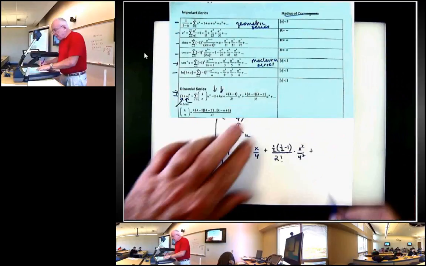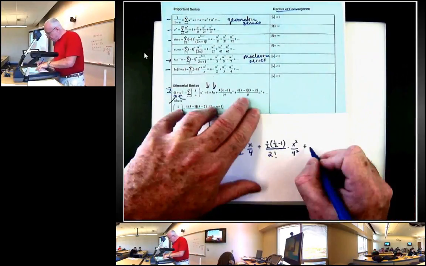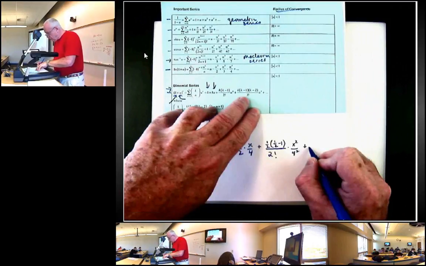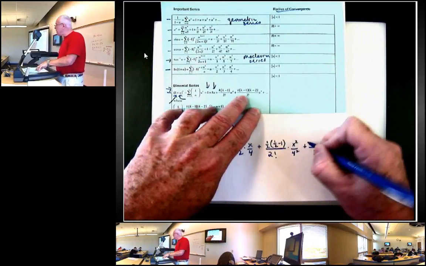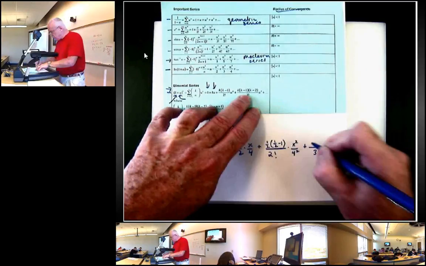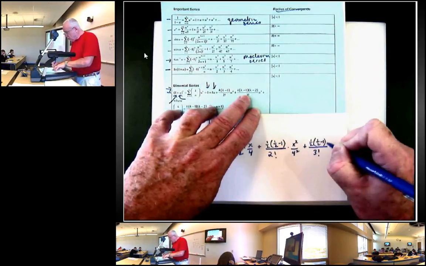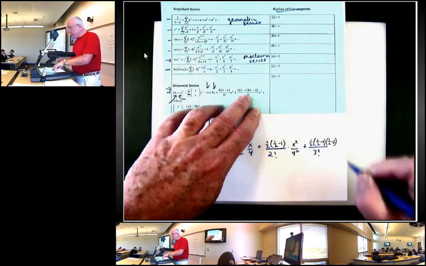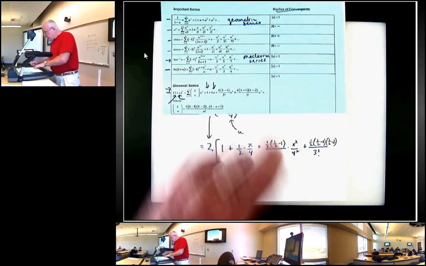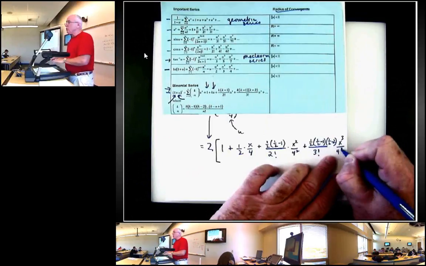Plus, and then the next one is going to be 3 factorial on the bottom. And now we have k times k minus 1 times k minus 2. So that's going to be 1/2 times 1/2 minus 1 times 1/2 minus 2. And that's going to be u to the 3rd power. So that's going to be x to the 3rd power divided by 4 to the 3rd power.